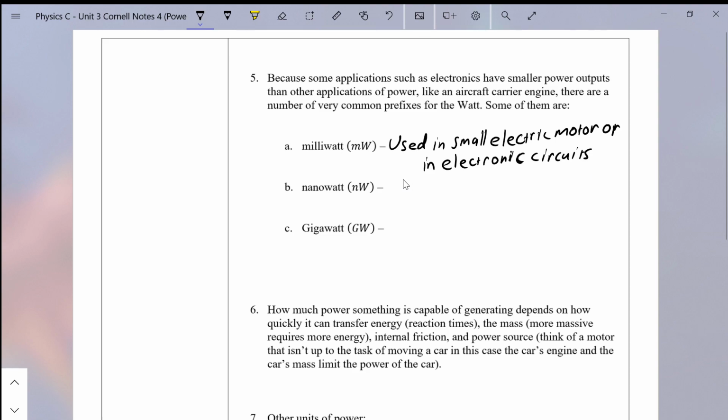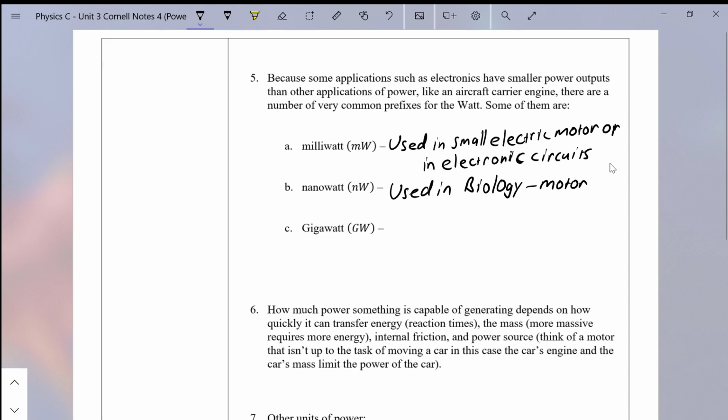We have nanowatts. These are used in a lot of biology applications. For instance, motor proteins have to do work, right? They have to do work to move an object across like a cytoskeleton or something. So if it wants to move, your cell needs to move some substance across the cell.